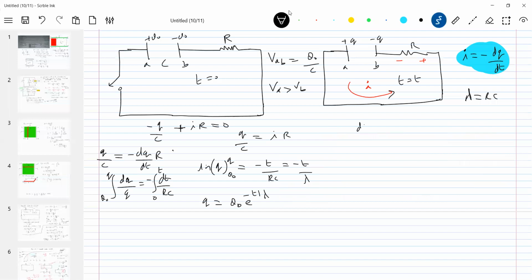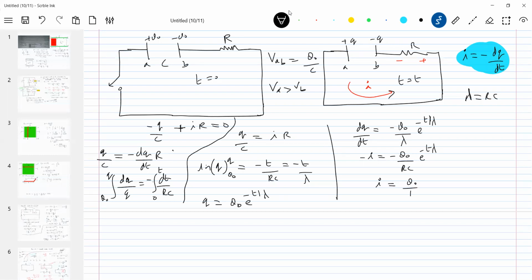If I differentiate this, dq by dt should be equal to minus q naught by lambda e to the power of minus t by lambda. So minus of dq by dt should be I. Lambda is what? RC. Now look at the current through the circuit. It also decreases exponentially. This conclusion is very important.